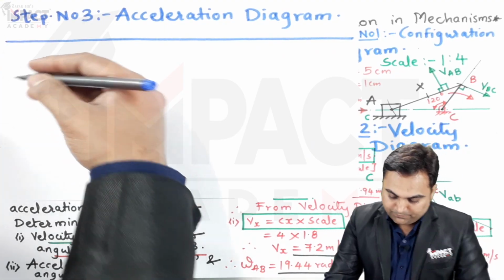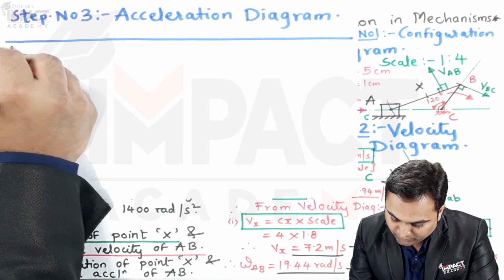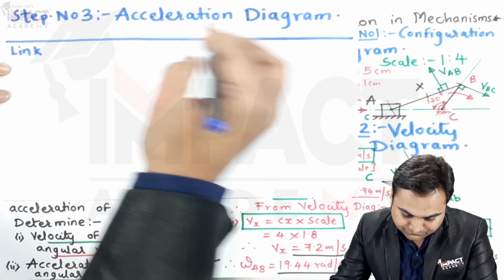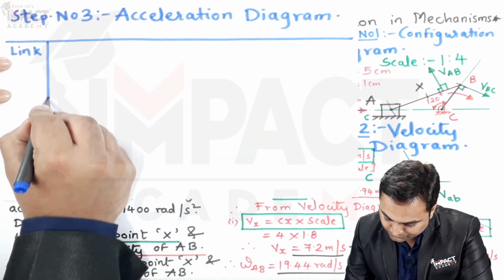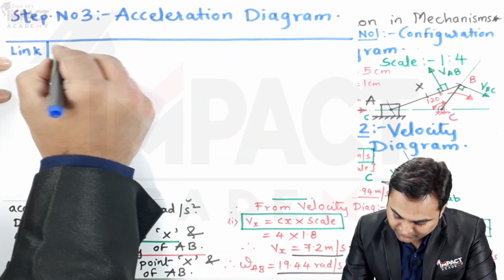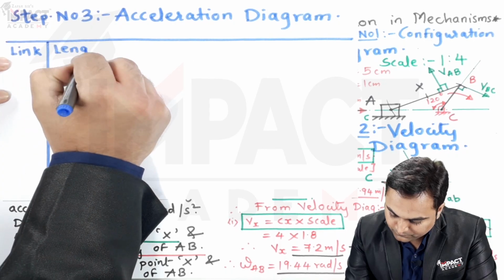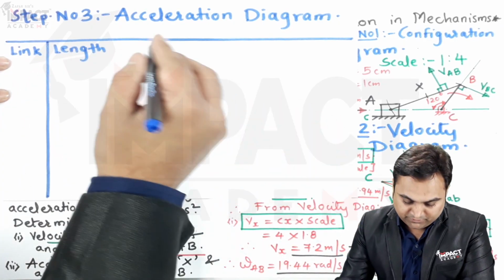In the first column, I would be writing the name of the link, then its length, and length would be in terms of meter.